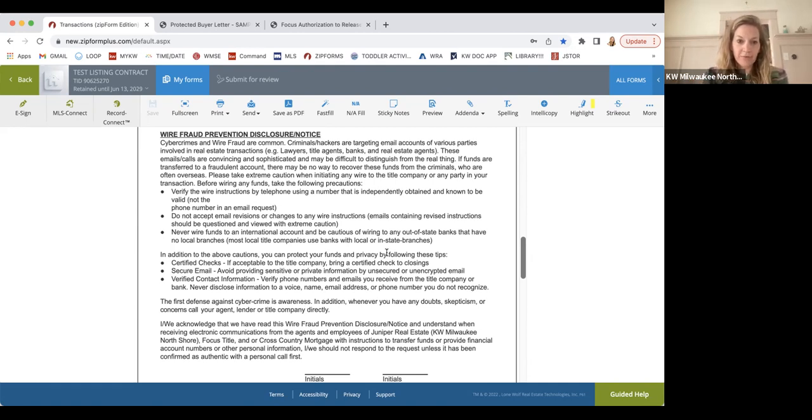The next thing that I always communicate to a customer and a client is that they need to independently verify any instructions that they receive.